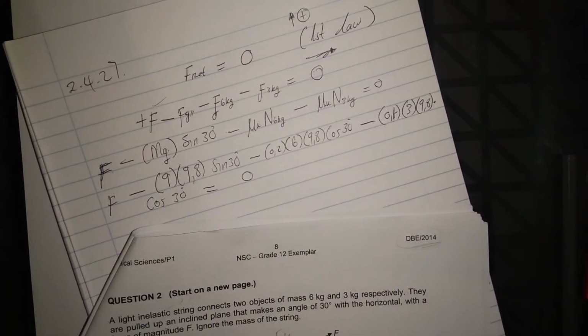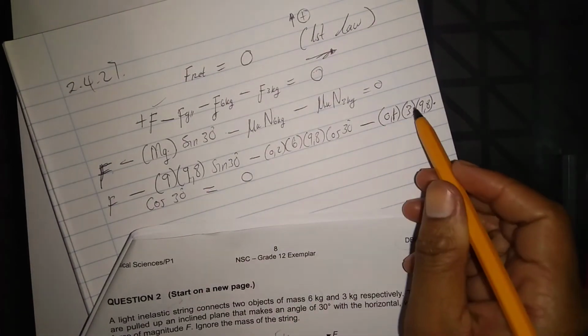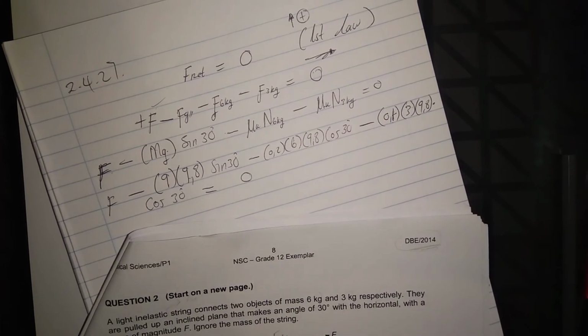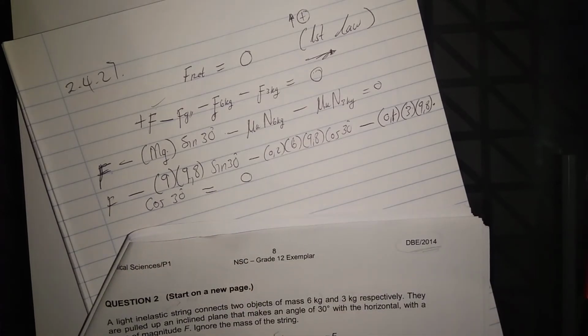Now let's calculate. So calculate this one, this one, this one. 9 times 9,8 times sine 30 degrees.